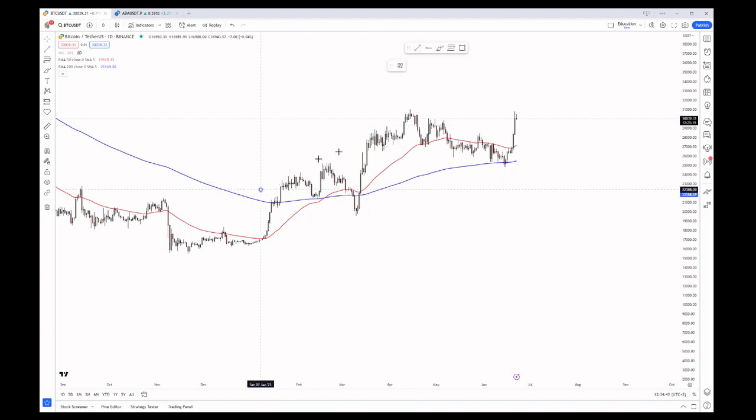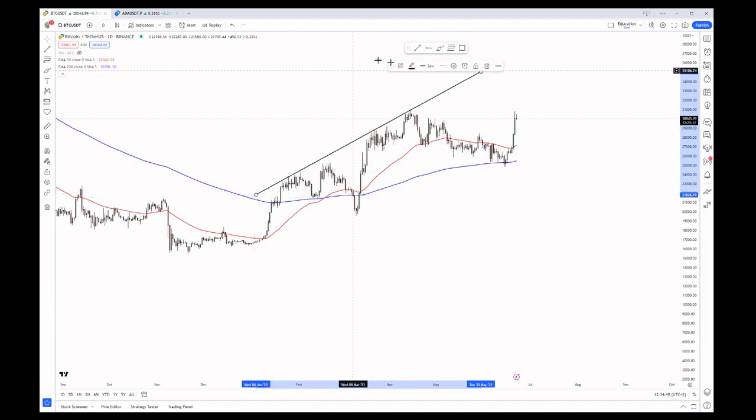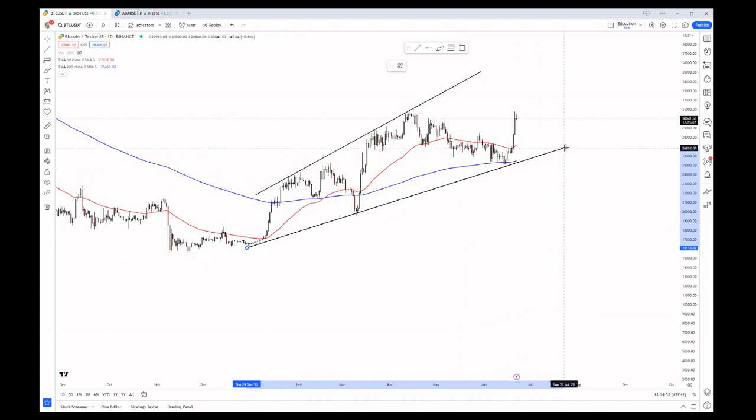So I can draw one here, but also see one here. Also, the more you chart, the easier it gets to see trend lines.